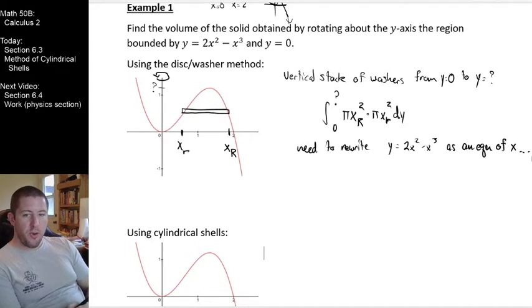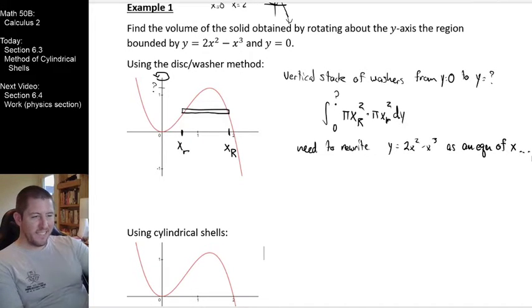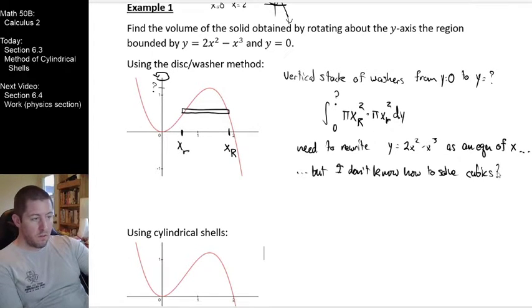And so my question to you is, can you solve that equation for x? That's not a question mark, that's an exclamation mark right there.